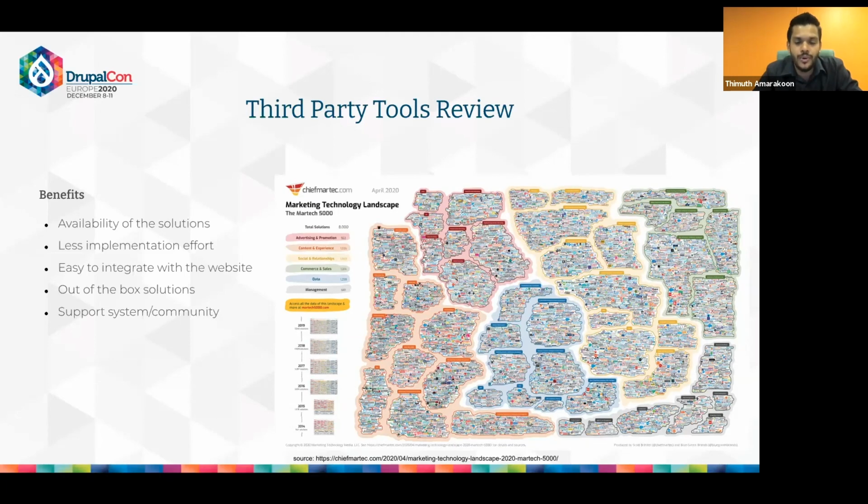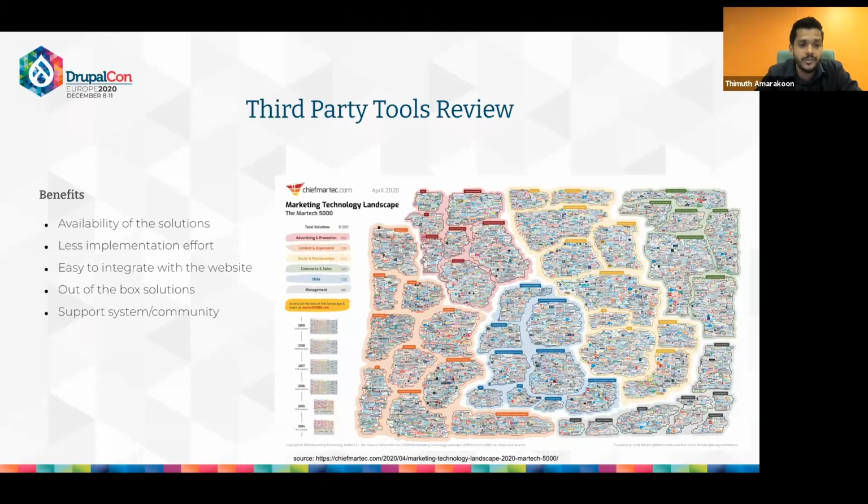Back in 2014, 2015, there were thousands of them, but now there are like 8,000 plus solutions which you can use. And these cover advertising, content, and social solutions, and data solutions, and lead management process. So there's a vast collection of tools out there which you can choose from to do these integrations.